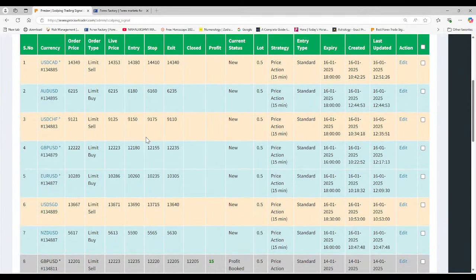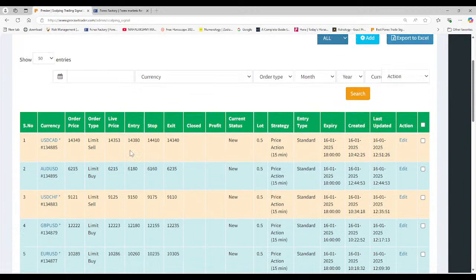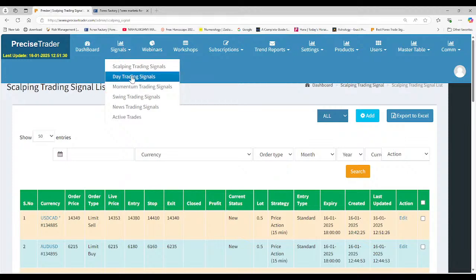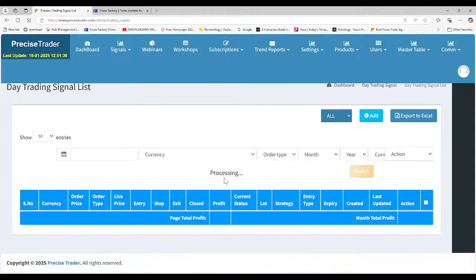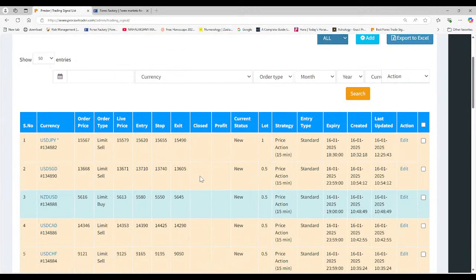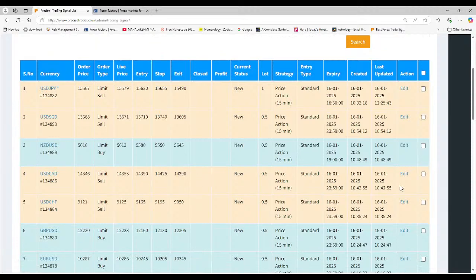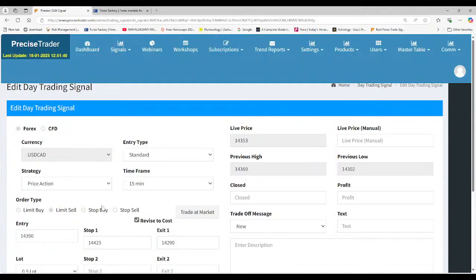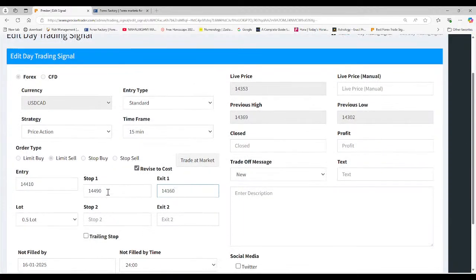Then this 143.90, I think we can raise it to 144.10, and the stop we will put at 144.45.